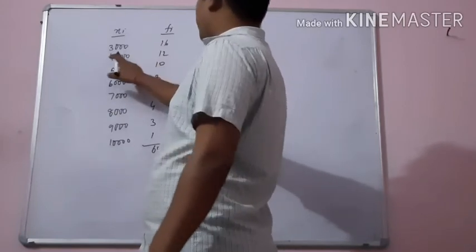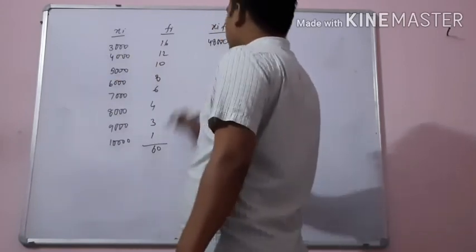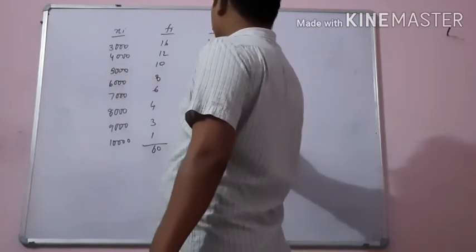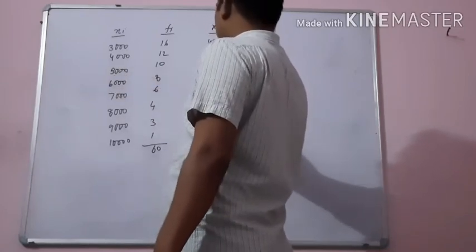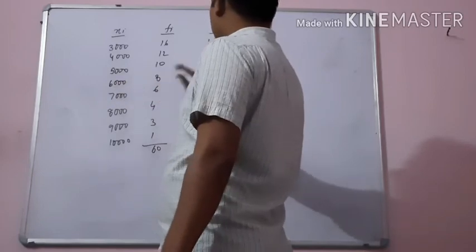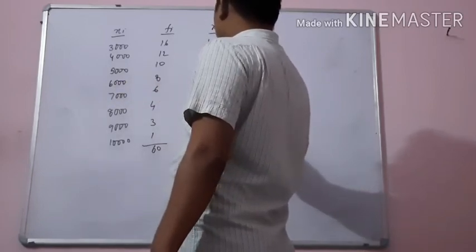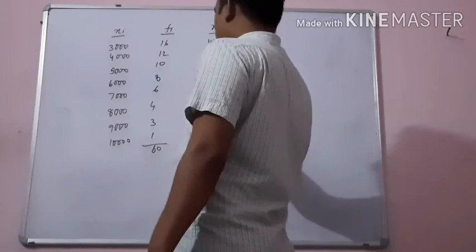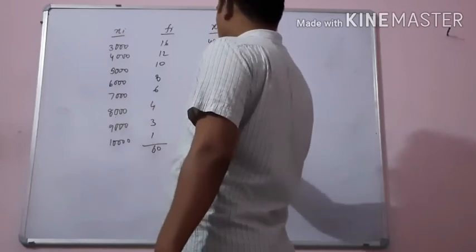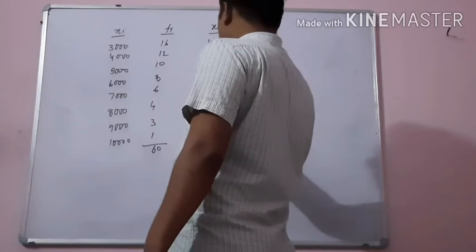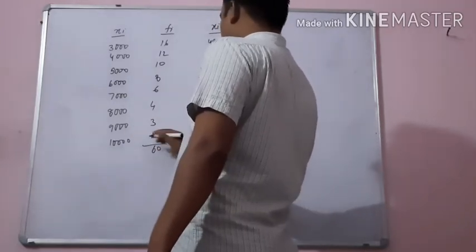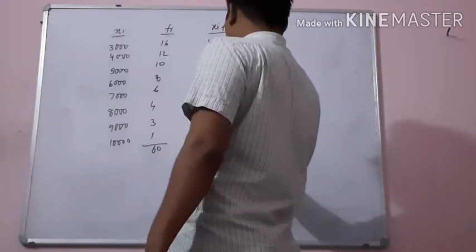Similarly 12 into 4,000 that is 48,000. 10 into 5 is 50,000. 8 into 6 is 48,000. 7 into 6 is 42,000. 8 into 4 is 32,000. 9 into 3 is 27,000 and 10 into 1 is 10,000.